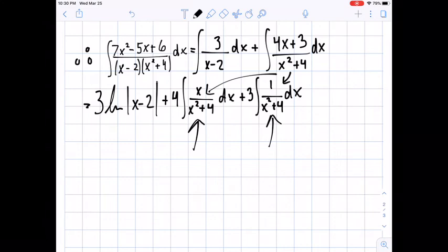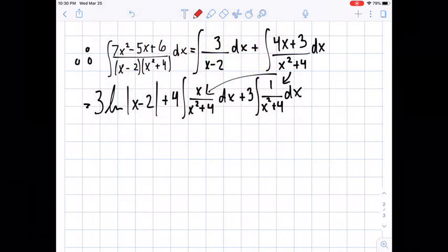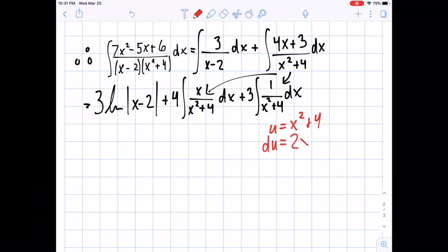And if you have any questions about that, you can go look at my last video, how to integrate 1 over x squared plus a squared. So let's take a look. Let's set up our regular sub for that first integral. We have u equal to x squared plus 4. We have du is 2x dx, and we can bring that over to the left-hand side.